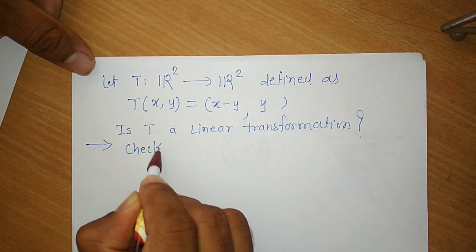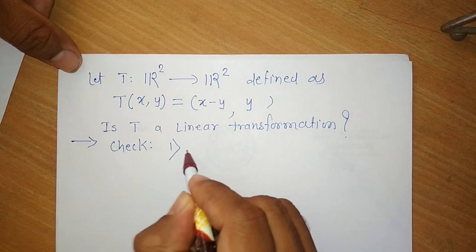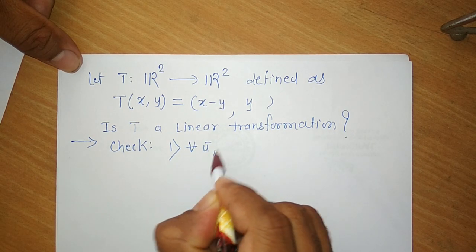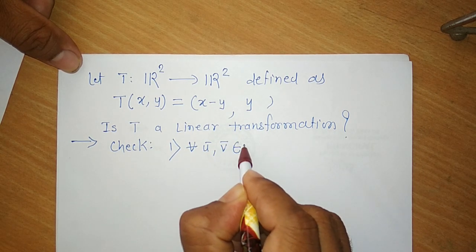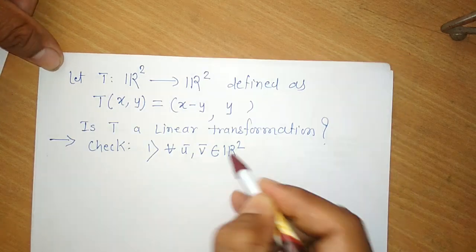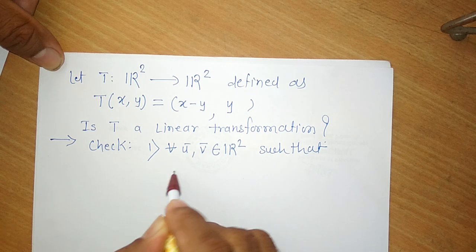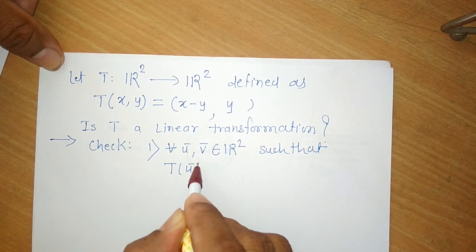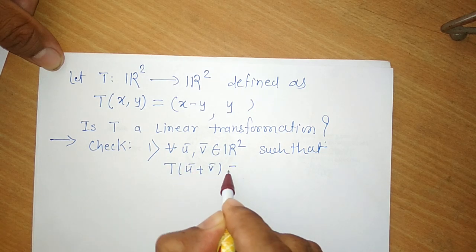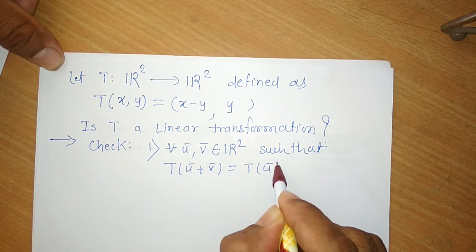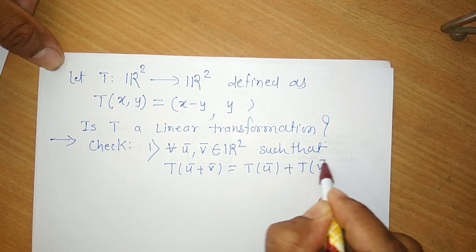What do you have to check? The first condition is: take any two vectors u bar and v bar in the domain R raised to 2 such that T of u bar plus v bar is equal to T of u bar plus T of v bar.